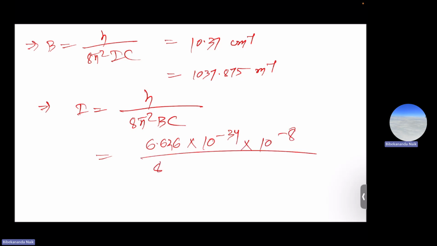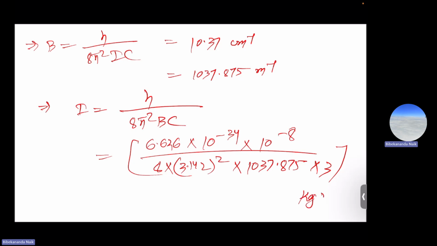So it will be 8 into 3.142 square into 1037.875 into 3, kg into meter square.